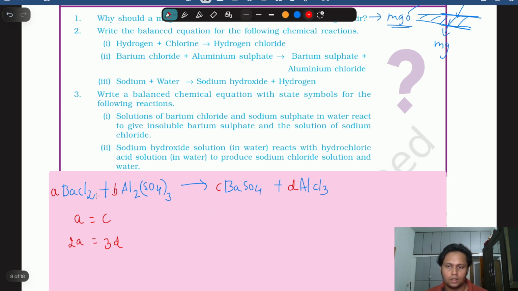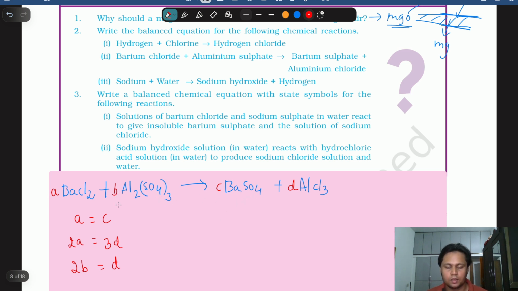Now how many Al are here? 2, right? So 2B is equal to how many Al here? Only 1, right? So 2B is equal to 1D, that is D. 2B is equal to D. Now SO4, you can directly write as SO4.